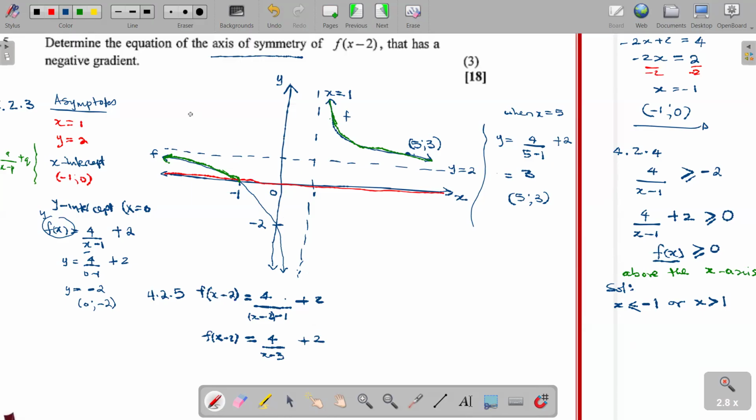But the question wants the equation of the axis of symmetry that has a negative gradient. So to get the equation of the axis of symmetry, we are going to read this equation this way.